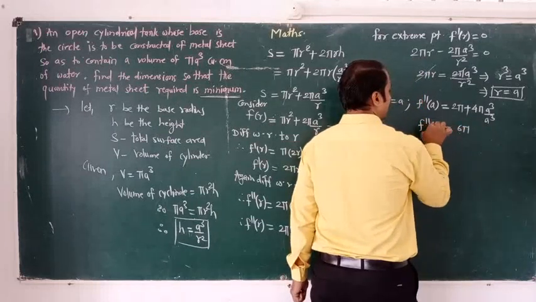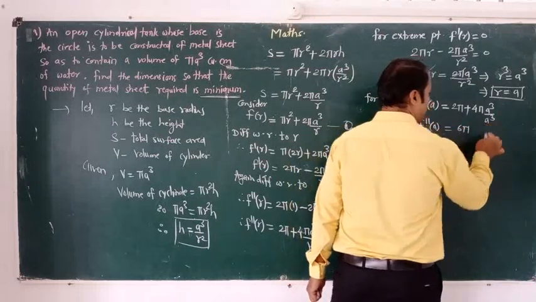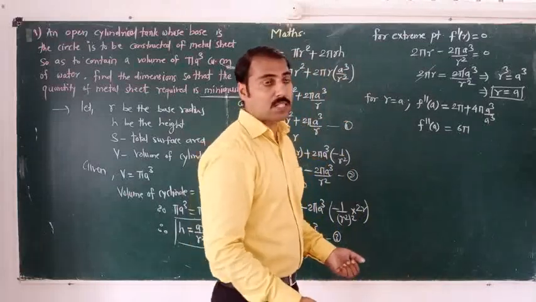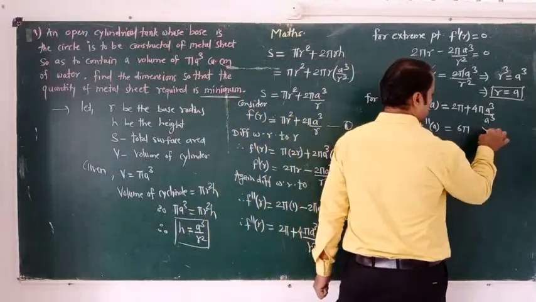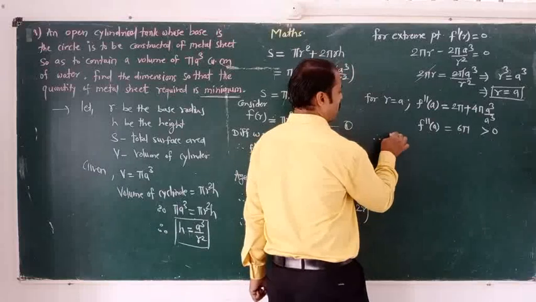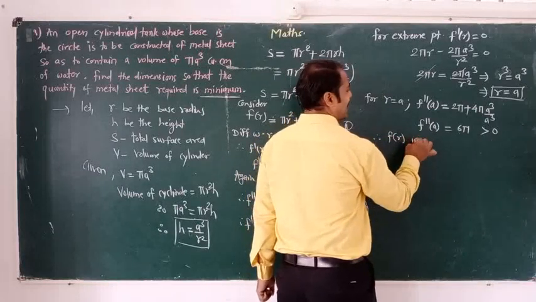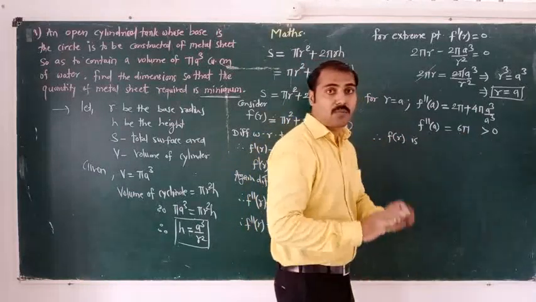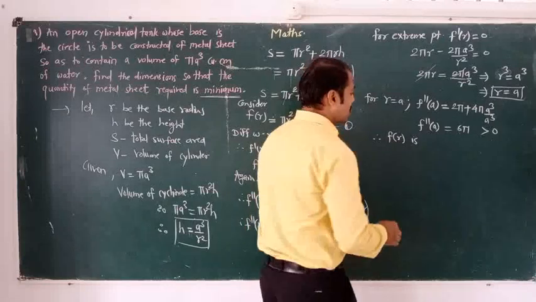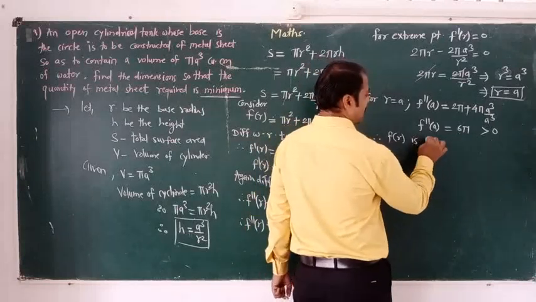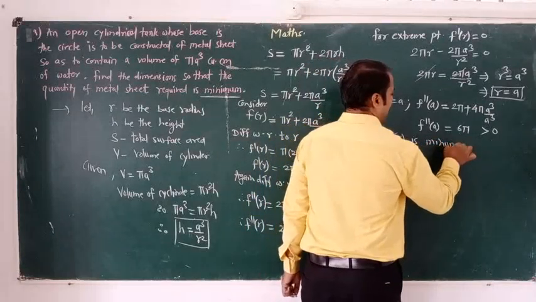So f double dash of a is equal to 6 pi. Pi is positive, so 6 pi is greater than 0. Therefore, by the second derivative test, since it is greater than 0, the function is minimum. F of R is minimum.